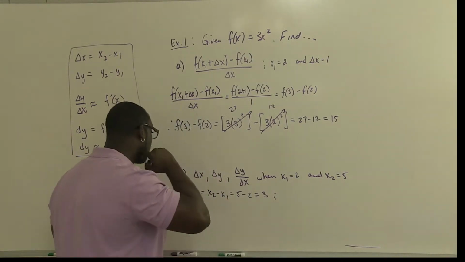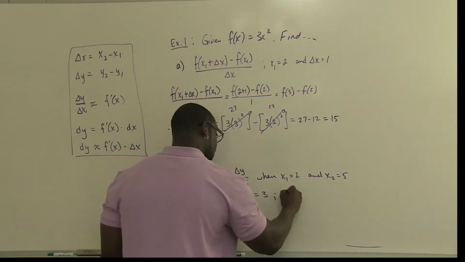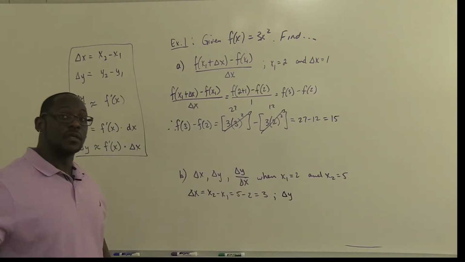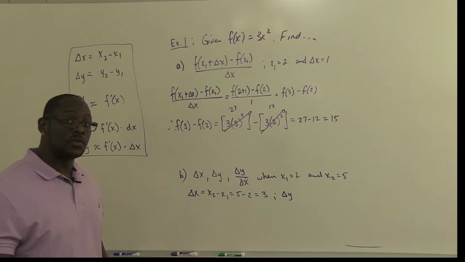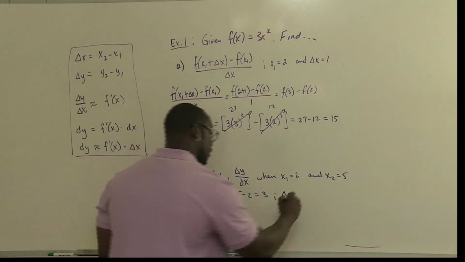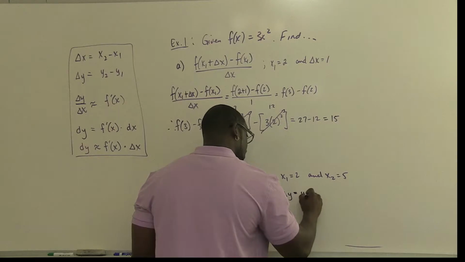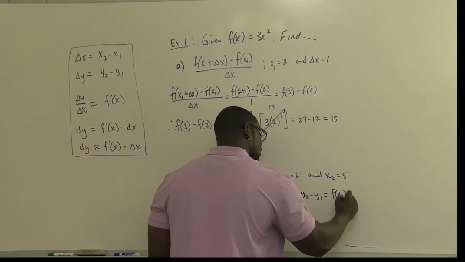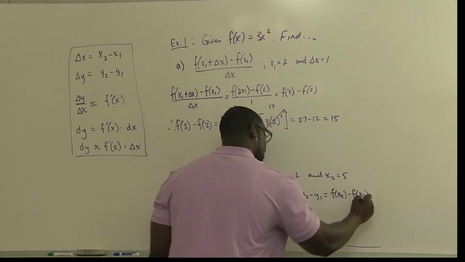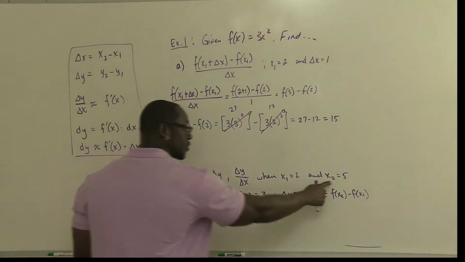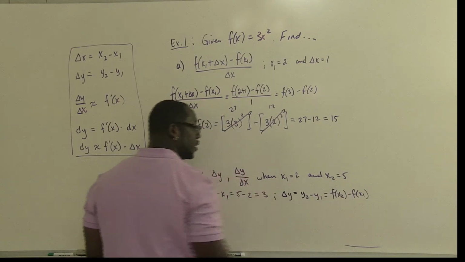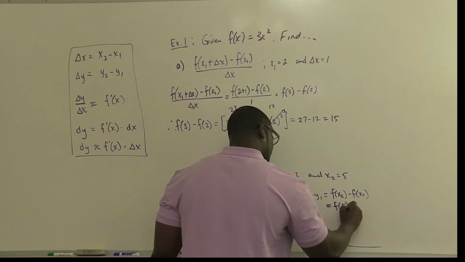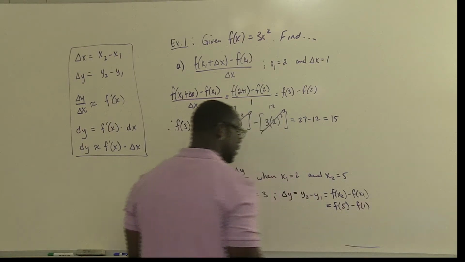Next, our delta y, we know that's going to be the difference between f of x2 and f of x1. So here, this would be y2 minus y1, which would be f of x2 minus f of x1. And we know that x2 is going to be 5, x1 is going to be 2. So here, this would just be f of 5 minus f of 2.